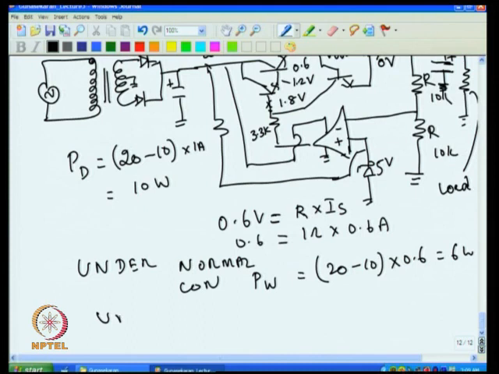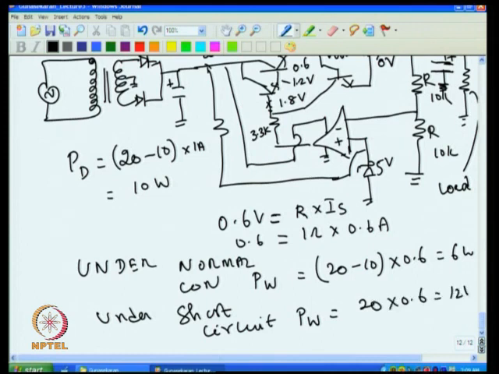Under short circuit, power dissipation comes to the full 20 into 0.6, that is 12 watt.